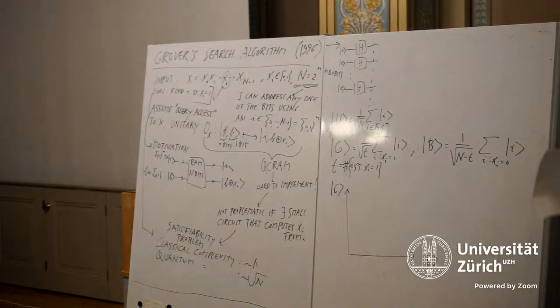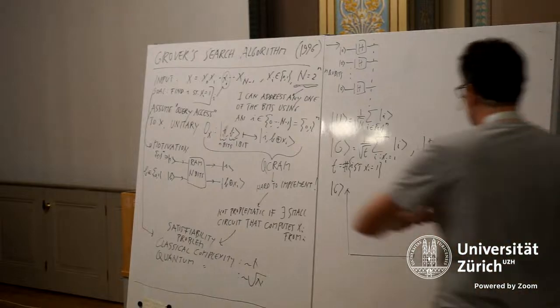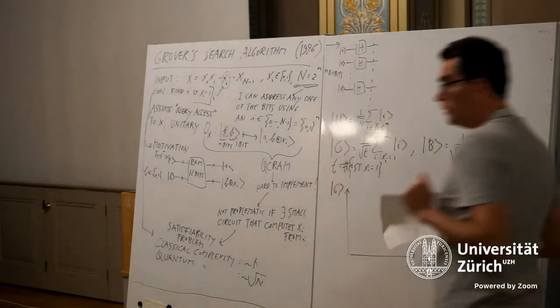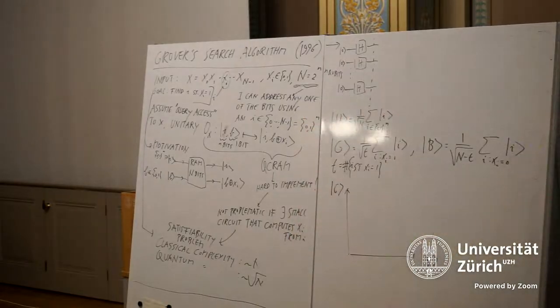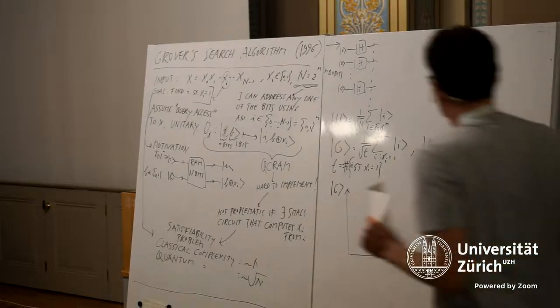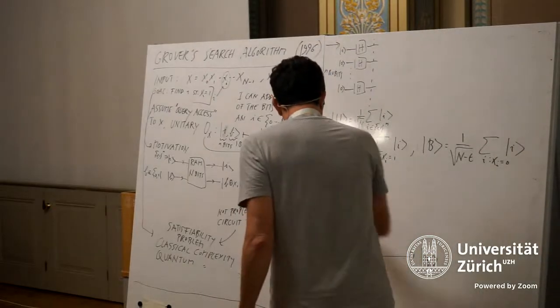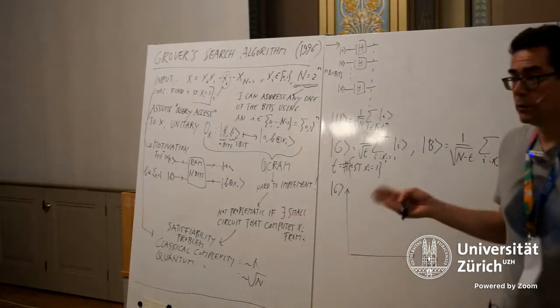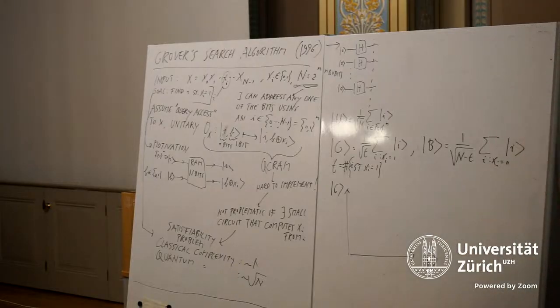What we'd like our algorithm to end up with is some state that's very close to the good state. Because such a state, if you were to measure it, you could probably see an I which is a solution as the outcome of the measurement. Now, we're not starting close to the good state. How could we? We don't know anything at the start about where the solutions sit.